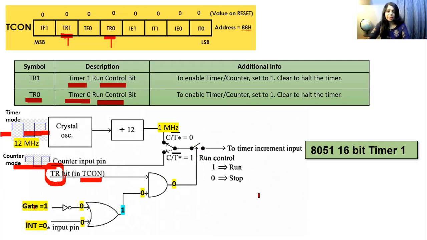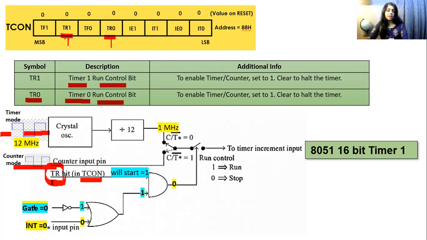What happens in the next case, if gate is 0 and INT is again 0? If gate is 0, there is a NOT gate, so it will invert the 0 and it will become 1. If any one input of the OR gate is 1, the output is 1. So this 1 will go out here. Now one input of the AND gate is already 1. When will there be output 1? Only when the other input is 1. That means when the timer run control bit is 1.